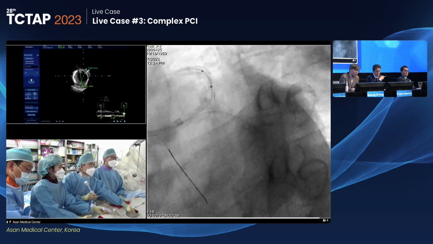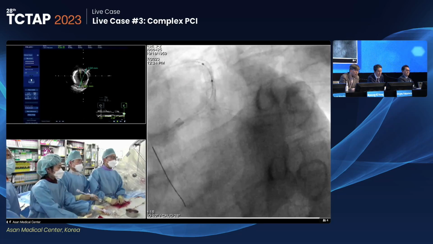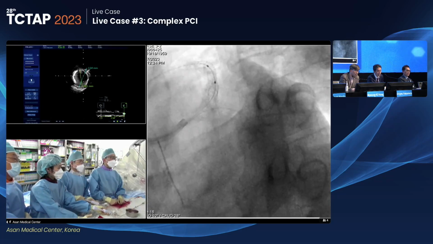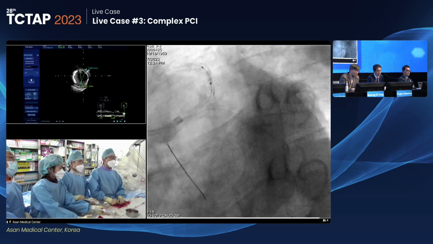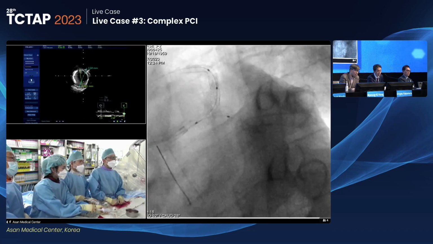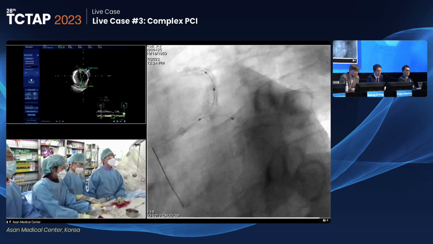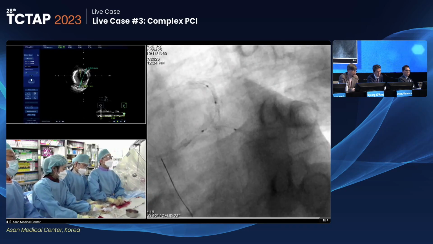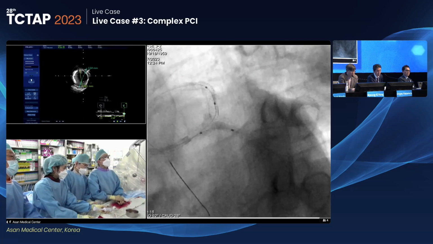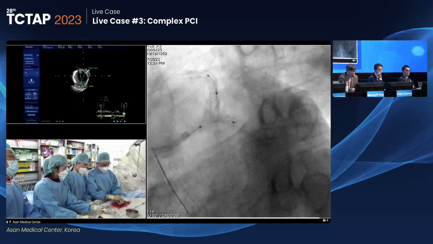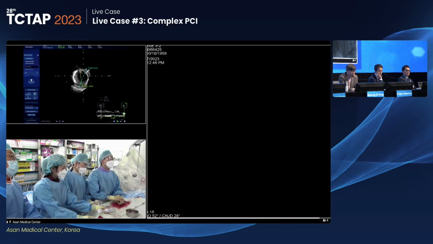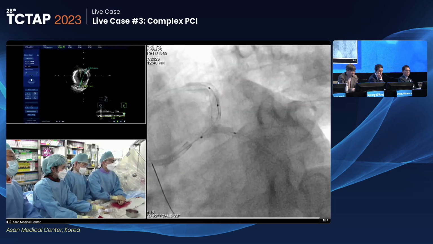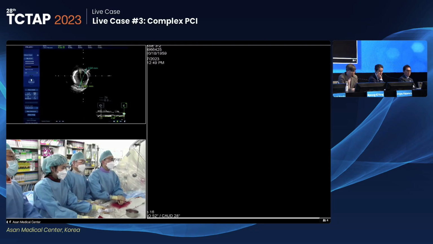This is 3.0 for further optimizing the circumflex ostium before crushing. Okay, 3.0, 20, 24. Not too aggressive. Deflation. Okay.